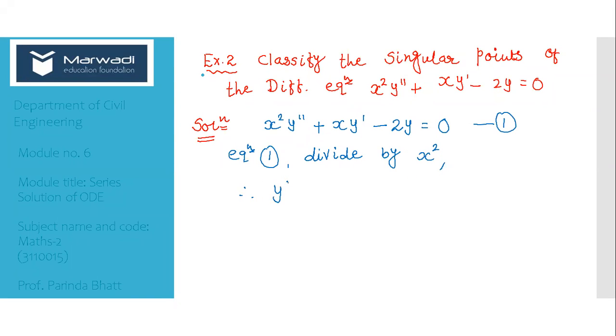Therefore, we are getting y double dash plus 1 by x y dash minus 2 by x squared y equals 0. Equation number 2.